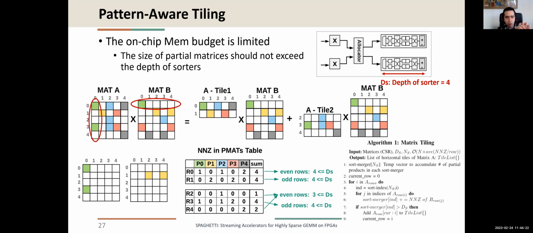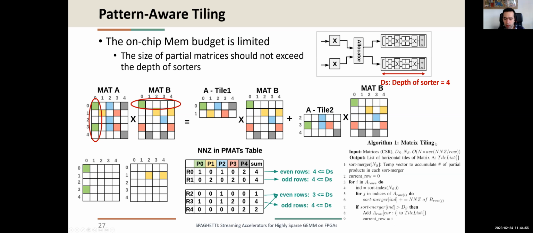The first round does the first 2 rows of A times the entire matrix B. And then the second round does the next 3 rows of A, again by the entire matrix B. In this case, we can make sure that when you do the first tile, the number of partial products that the multipliers are producing won't exceed the depth of the sorters and mergers.